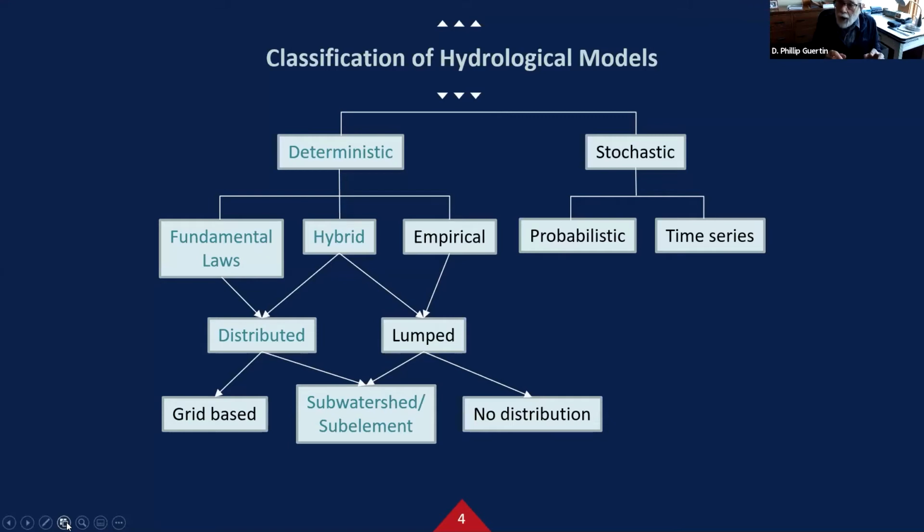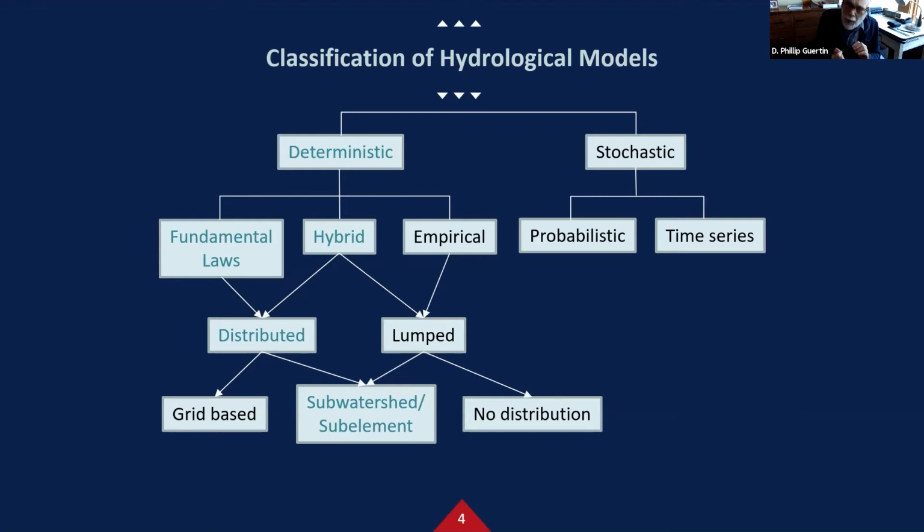The models that we use are physically based models. We have tried to represent the physical processes: interception, infiltration, overland flow. KINEROS is based on fundamental laws. We have an equation for each one of the processes that we're trying to model.